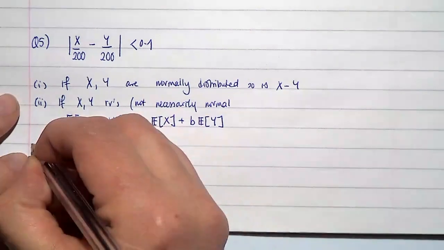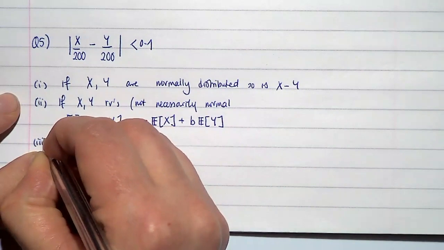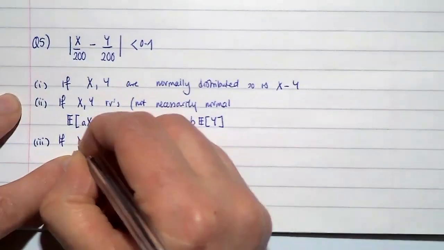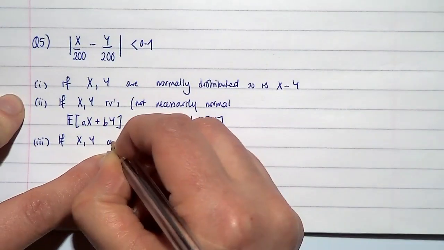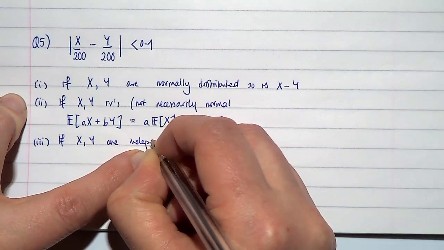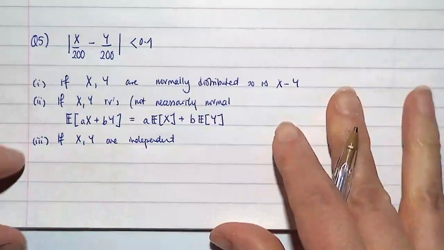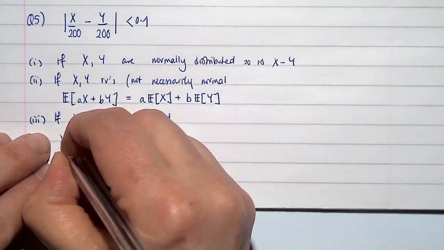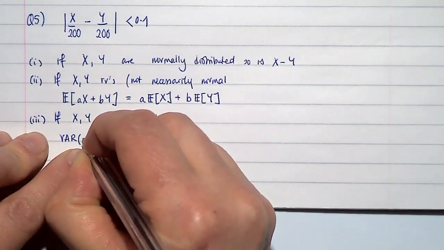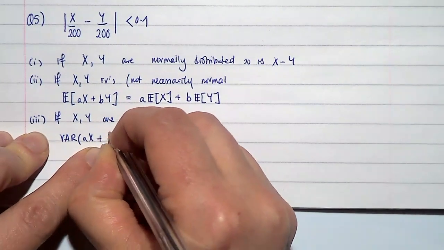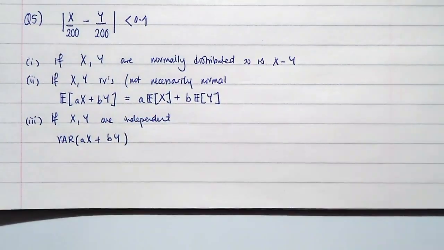And the final thing that's going to be helpful is, if x and y are independent, how do I calculate the variance of a combination?